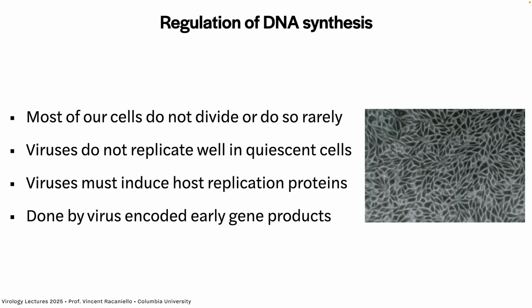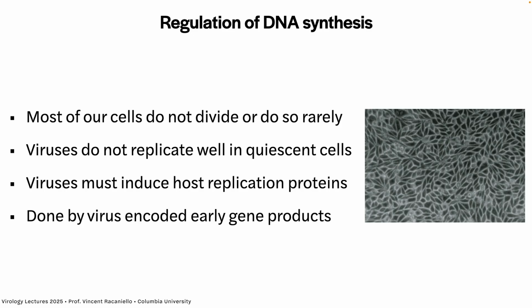This is very important. What does that mean? So most of the cells in your body do not divide, right? There's no need for them. The exceptions are the mucosal epithelial cells, which divide very quickly and turn over in a week or so, but most of your other cells are not dividing. Viruses need to have replicating cells in order to reproduce. They don't do well in quiescent cells.